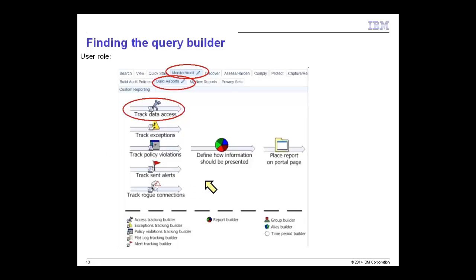The number is a little lower than the one that appears for the administrator, but all this is customizable and you can add to every user any other report builder or query builder that is required. So I'm going to start on a more specific example.